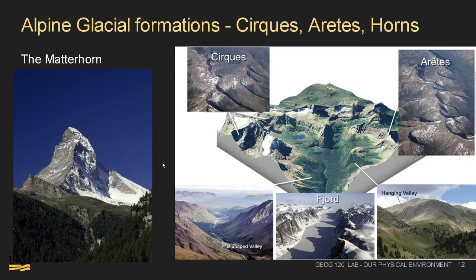So let's go back to other sorts of glacial formations: aretes, horns, cirques. These words, which have their origin in French, are carved out by glaciers, so they're erosional.